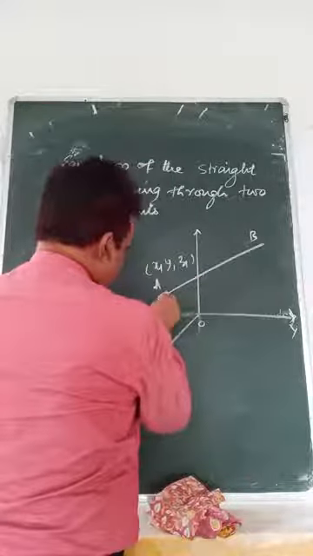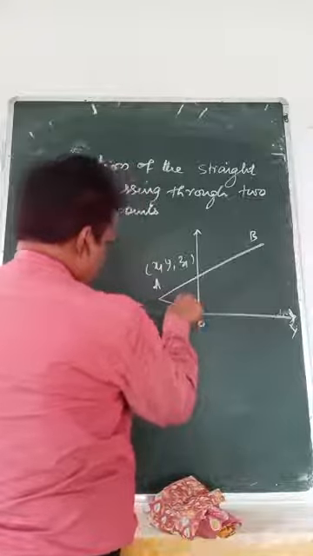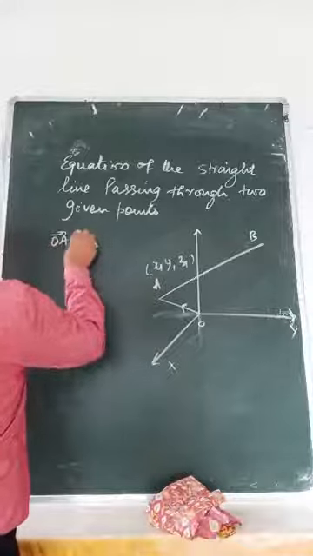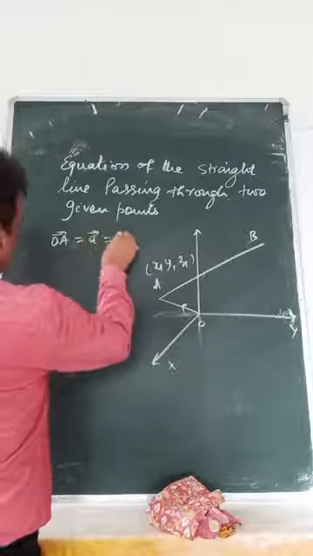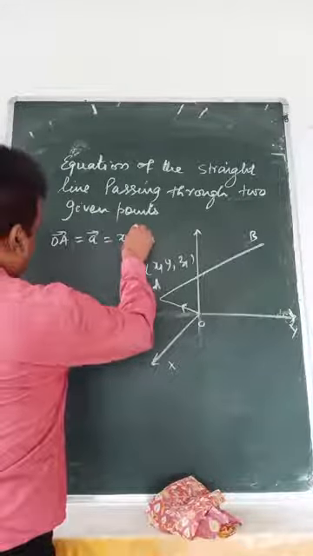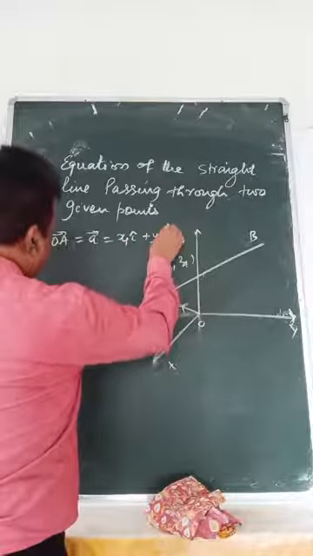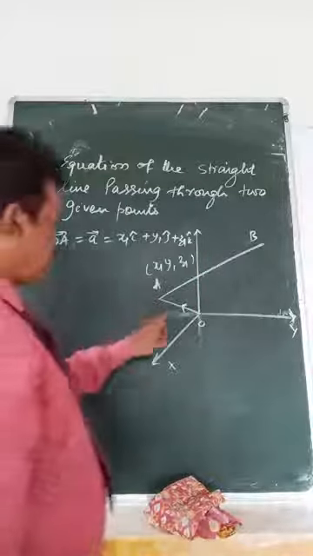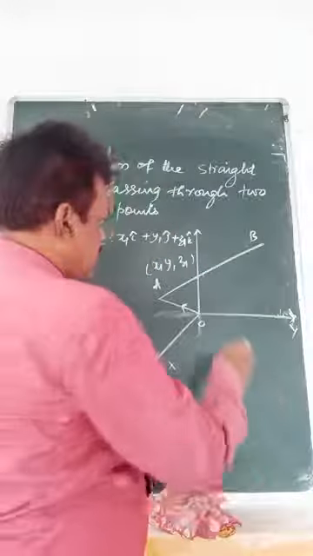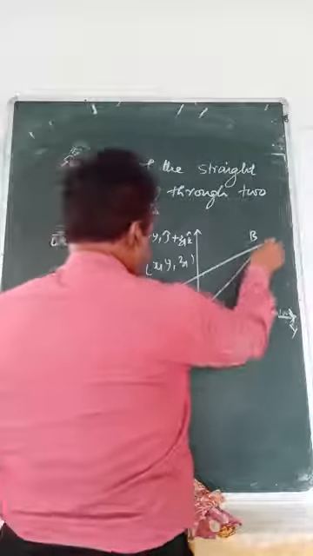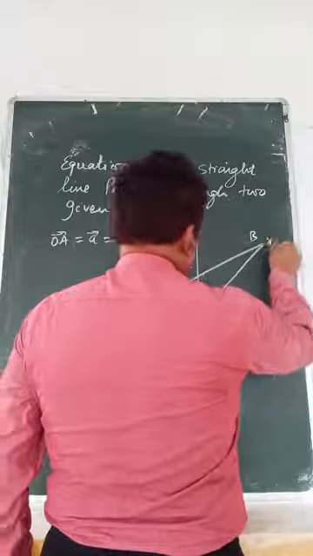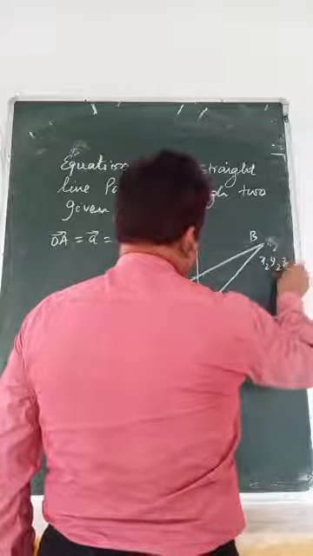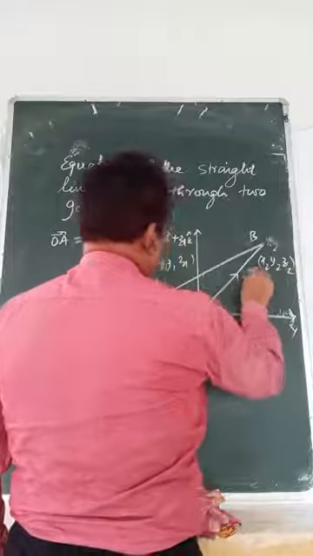So if I join this, what will you get? OA will be equal to a vector, that is x1i, y1j, z1k. This line B is another point. This is x2, y2, z2. This is B vector.